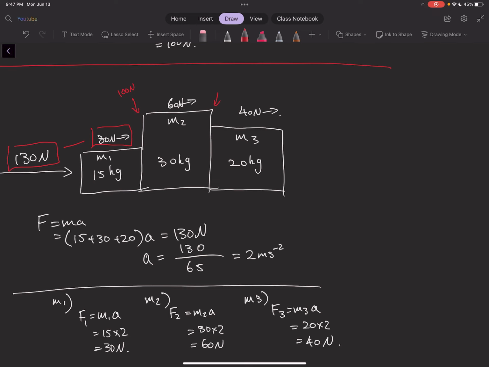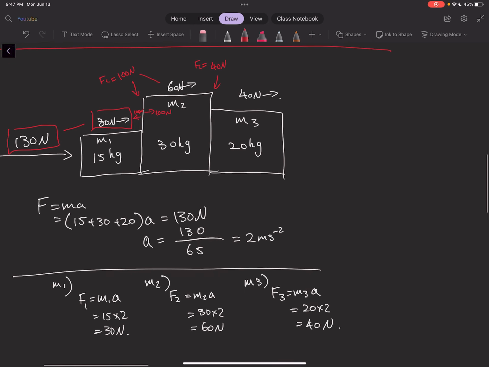It is now 100 minus 60, which gives you 40 newtons here. And notice that I am not specifying which direction the contact force is working in, because they are equal and opposite. So this is 100 newtons in this direction and 100 newtons in this direction. Okay? So this is another way of doing it.